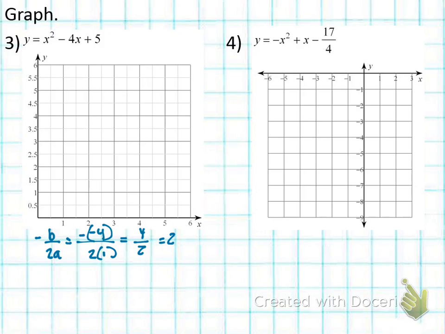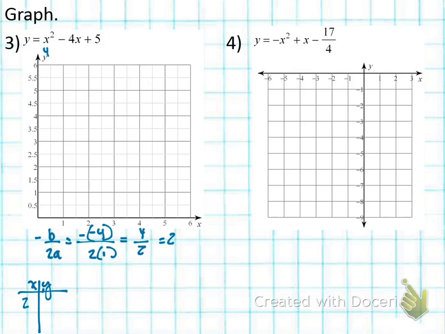So on our xy table, we have 2 as our vertex point for x. So what would our y be if I put in 2? 1, right? Because 2 squared is 4.